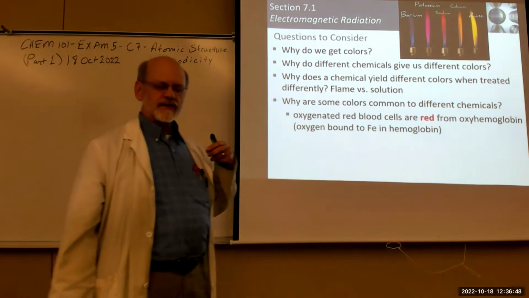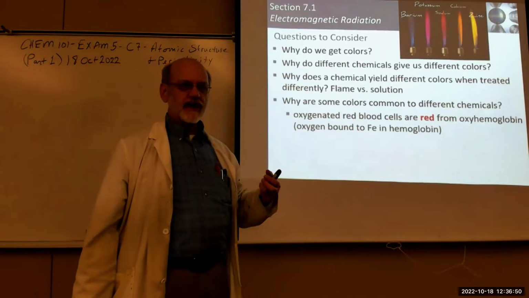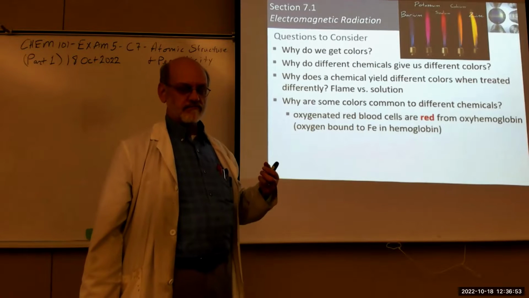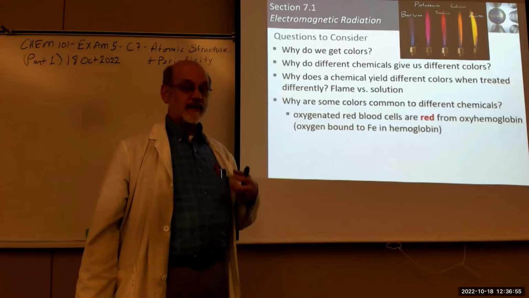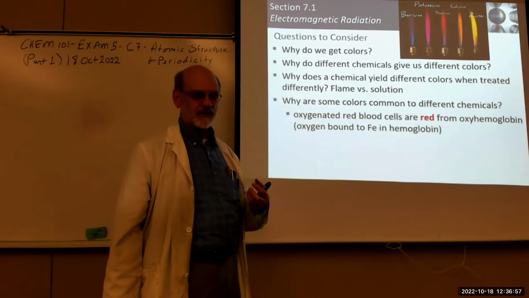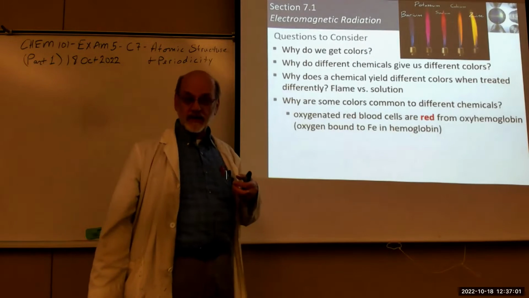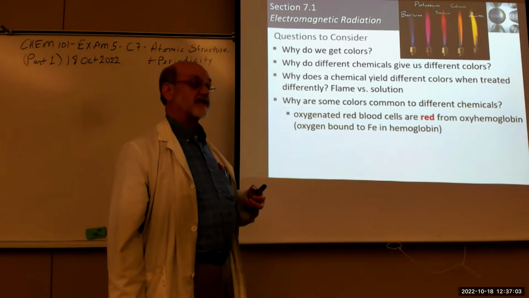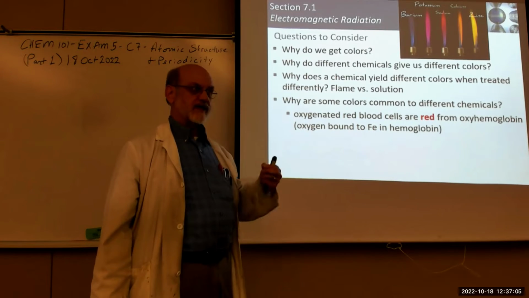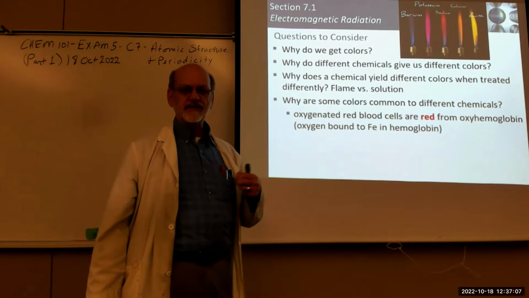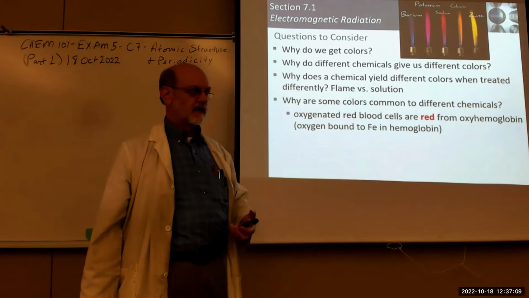Everybody knows that blood that comes out of an artery is bright red, and blood that comes out of a vein is kind of a purplish color. It may look reddish to begin with, but actually, when it first comes out, it's kind of purplish because it's depleted of oxygen in the veins.